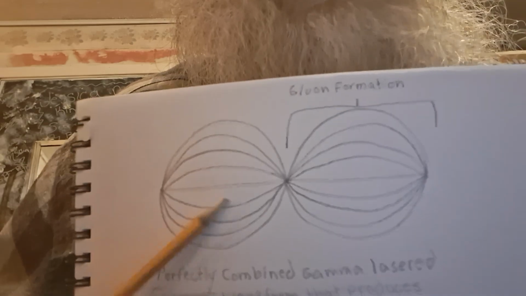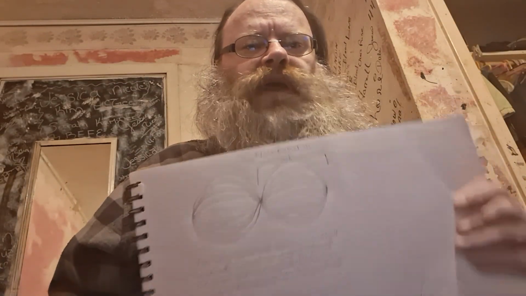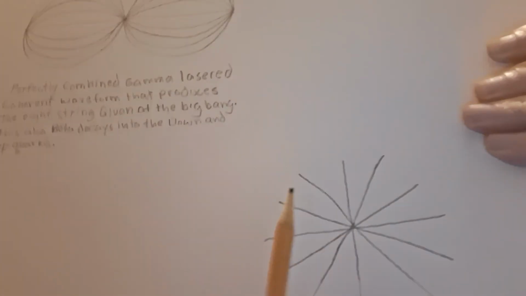I got to train you how to look at this. And this is another waveform. And all these waveforms are lased together. And these waveforms are the same frequency, because this is what it looks like coming directly at your eye. They're not lased, they're not coherent like this.